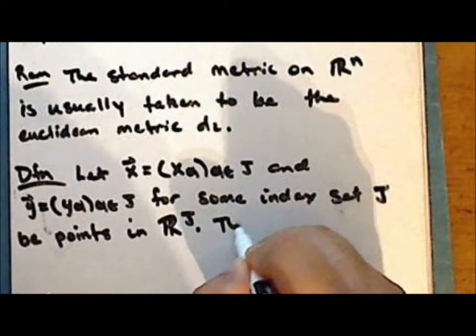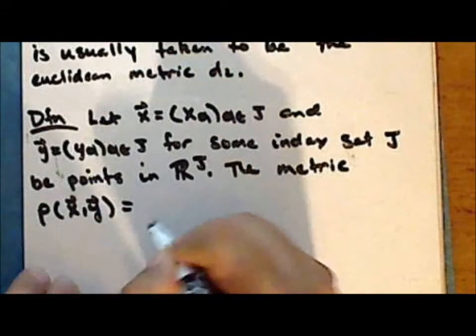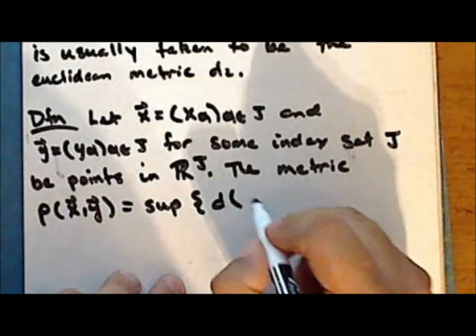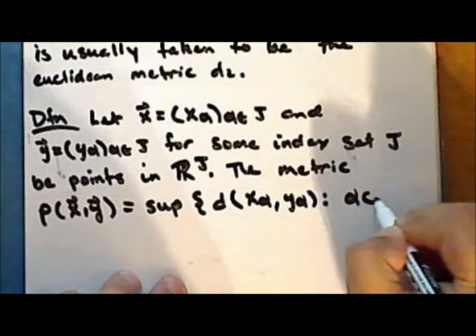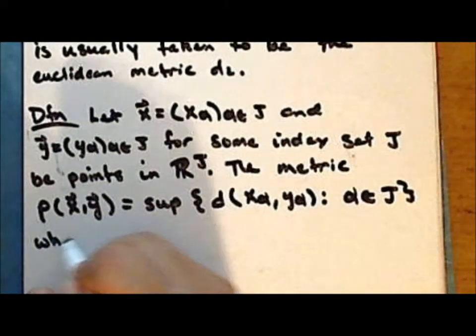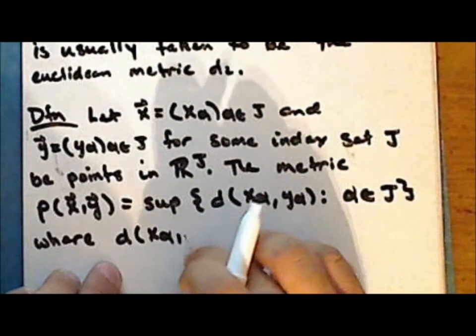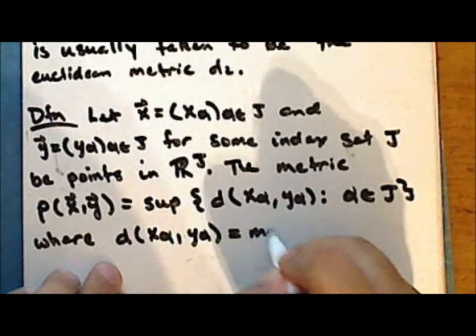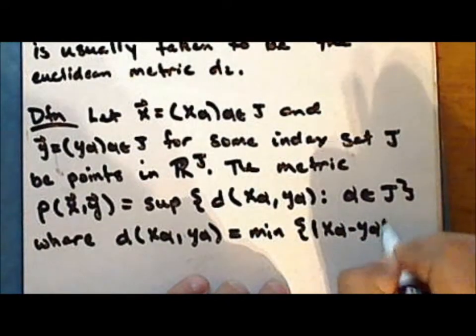Then the metric that we'll name rho of x, y is the supremum of the metric d_alpha of x_alpha, y_alpha for alpha in J, where the distance between the components x_alpha and y_alpha is the minimum of the absolute value of the difference of those components, or 1.